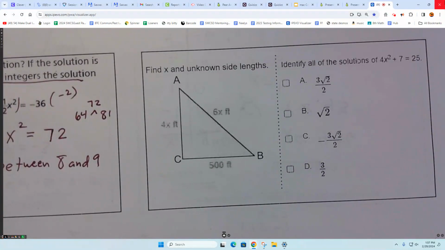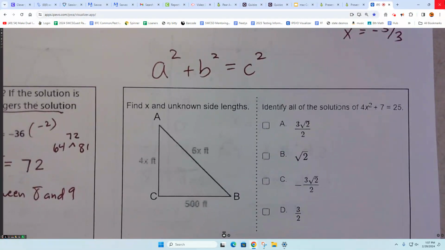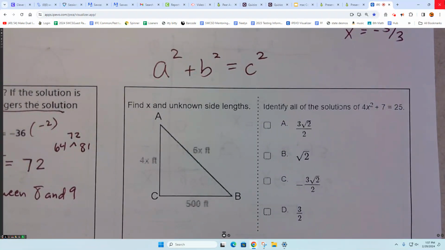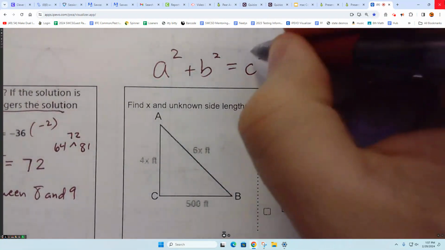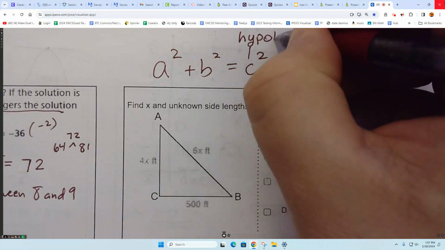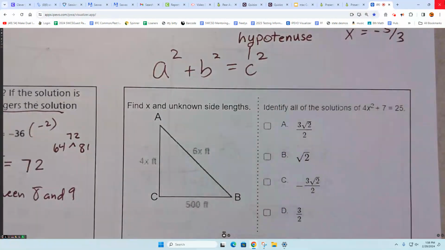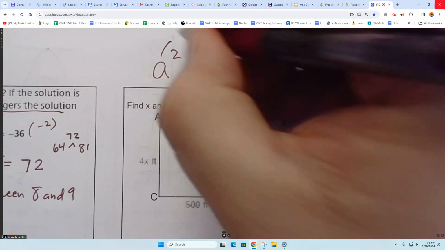Pythagoras. What's his most famous formula? A squared plus B squared equals C squared. These are the sides of a right triangle. This side here is called the hypotenuse. These are what's called legs.